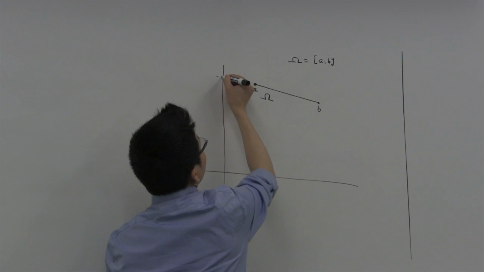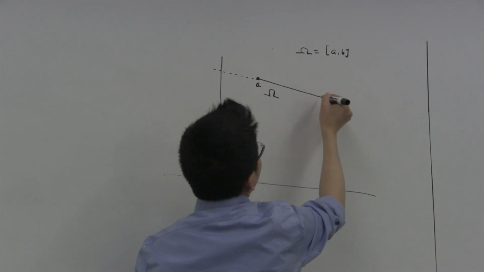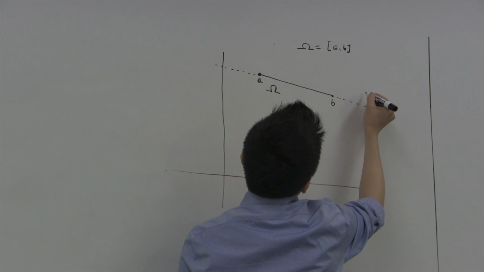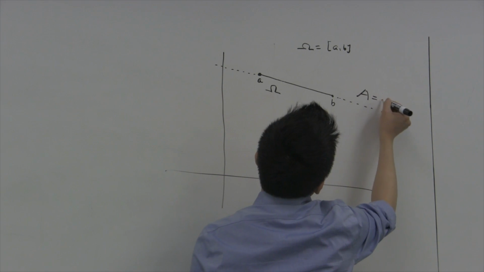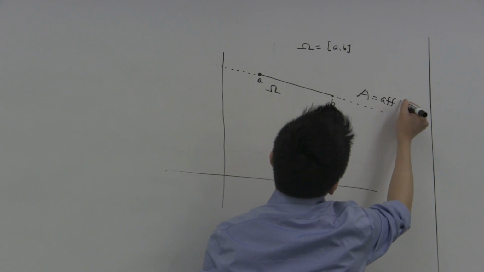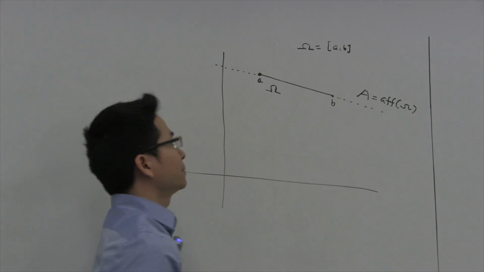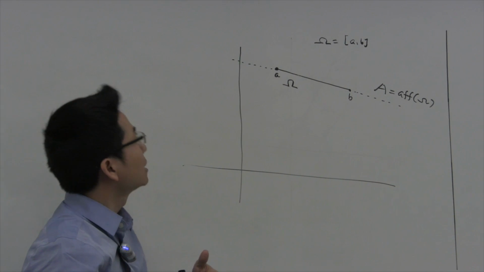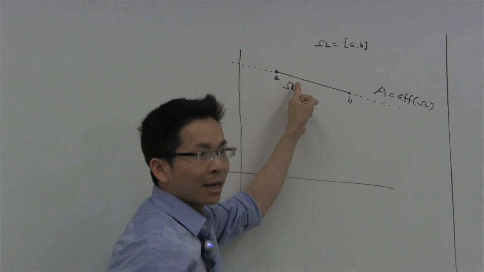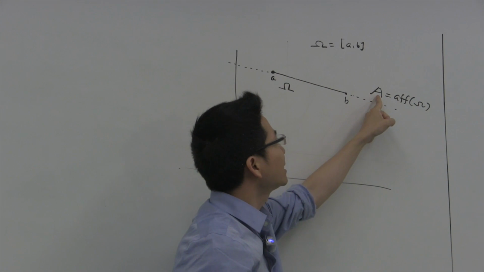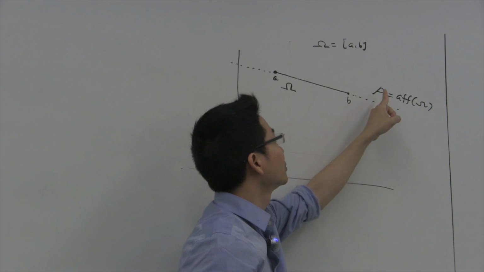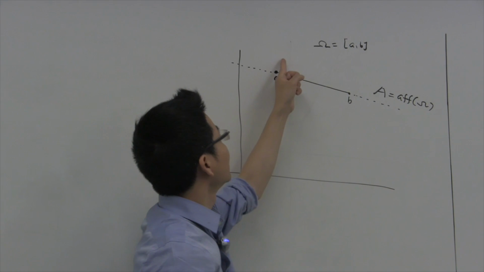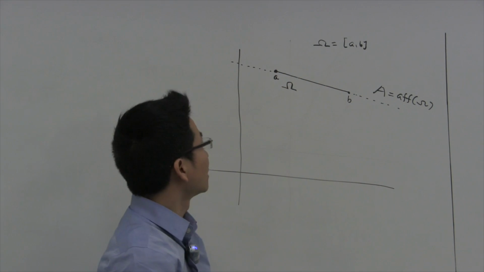Then the affine set generated by omega is the line connecting A and B. So we take A to be the affine set generated by omega. And now, if we look at the interior of the set omega relative to this new subspace of Rn, then it is the relative interior of omega.